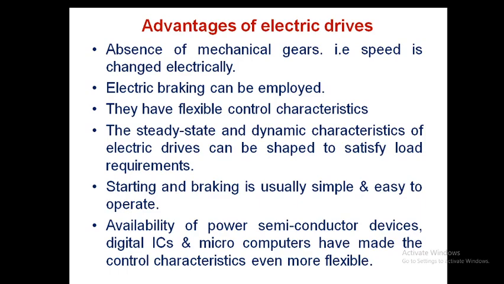We can shape the speed-torque characteristics, both steady state and dynamic, as per the requirement of the load. A fan requires certain five speed levels, and that is possible with these electric drives. Just by adjusting the knob, we are getting the load requirement. The load is nothing but the fan requirement.